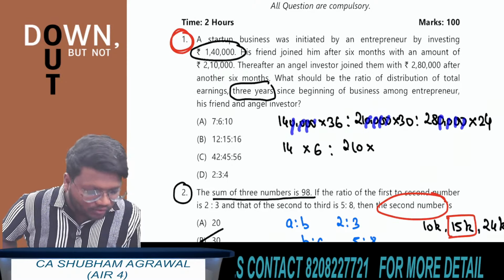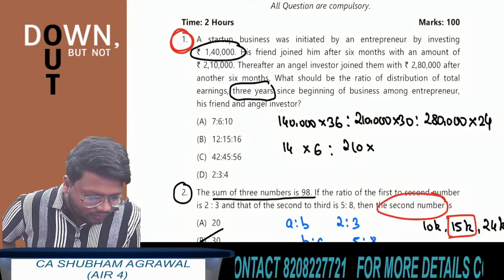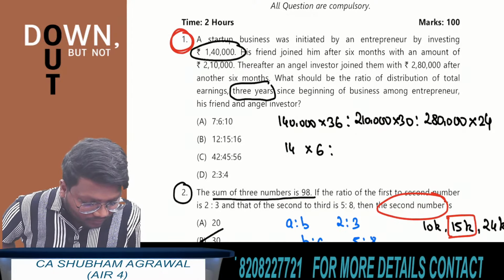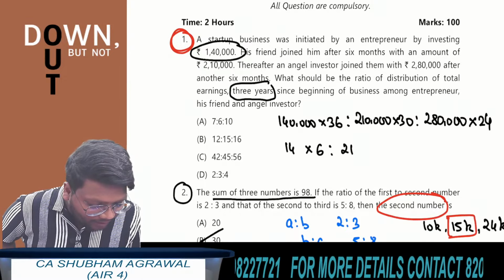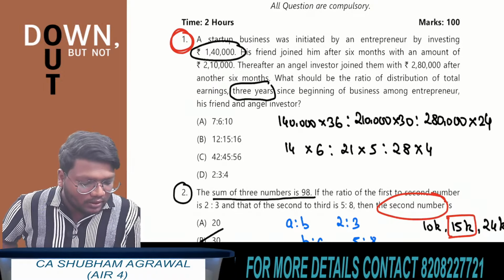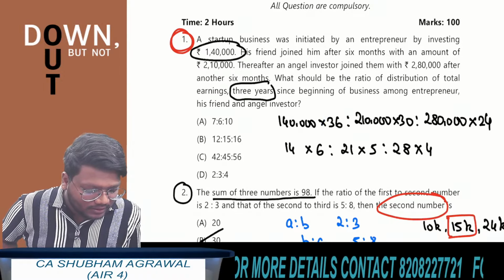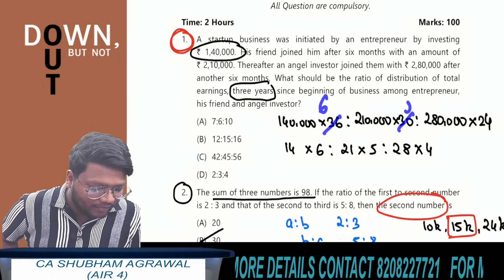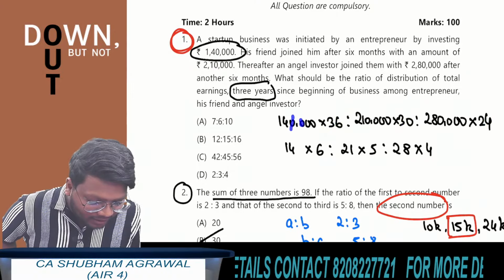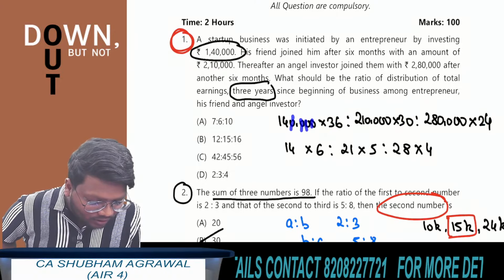So 14 multiplied by 6, 14 multiplied by 6, then 21 multiplied by 5, and 28 multiplied by 4. 6 multiplied by 6 is 36, 6 multiplied by 5 is 30, and 6 multiplied by 4 is what? 24. Okay, and we have eliminated the 4 zeros from 1,40,000, 2,10,000 and 2,80,000.